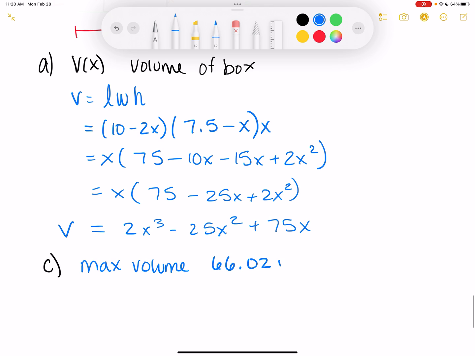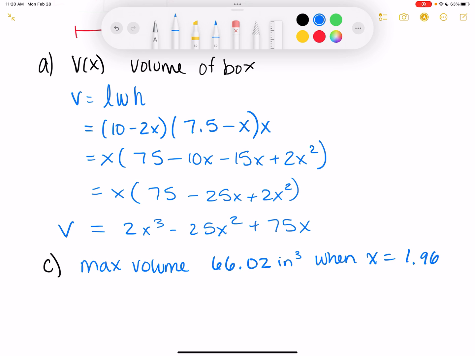Inches squared, or inches cubed, I should say, when x is equal to 1.96. So basically, that just told us our max volume and where it occurs.